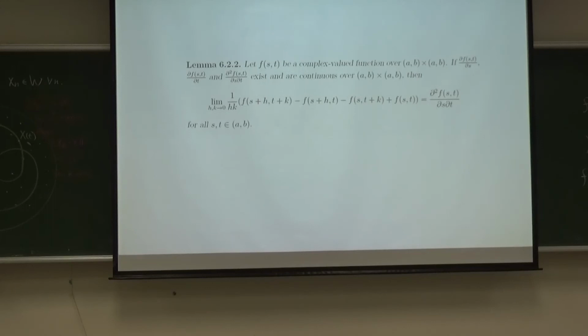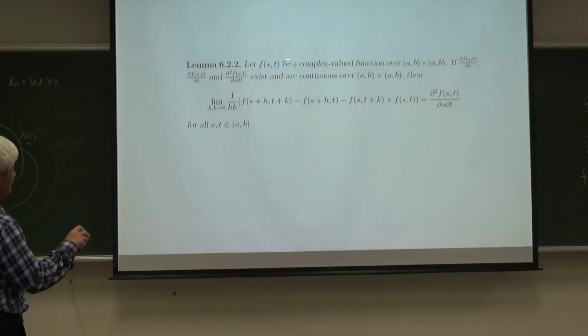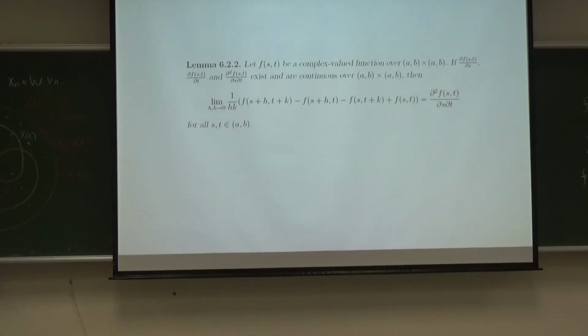Okay. A lemma here, which I took from calculus. It says that suppose we have an ordinary complex-valued function on this square. Okay, so f of x,t has two variables, and x and t are variables in between a and b.